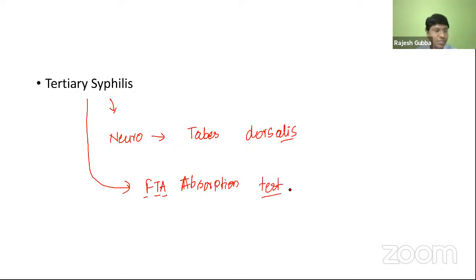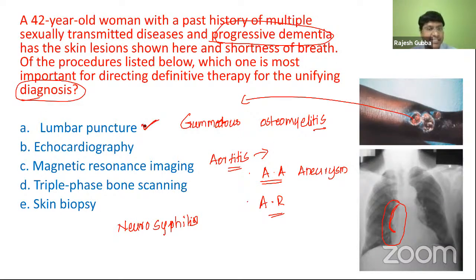If this antibody test is positive, then what is the next best investigation to confirm tertiary syphilis? The next best investigation is CSF analysis, and for the CSF analysis you need to do a lumbar puncture. So lumbar puncture is the best investigation that you need to do in these individuals.